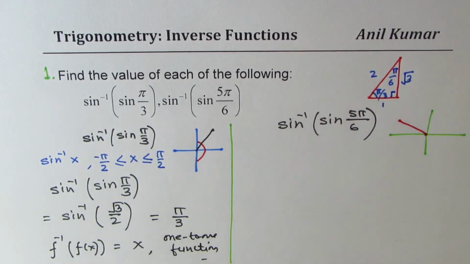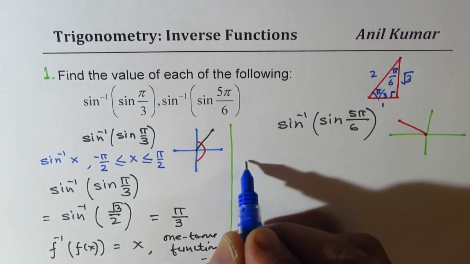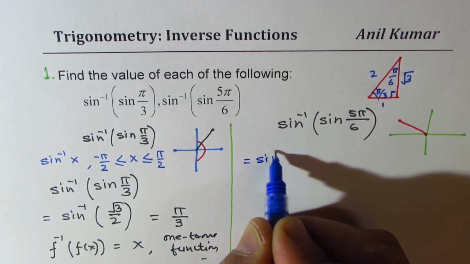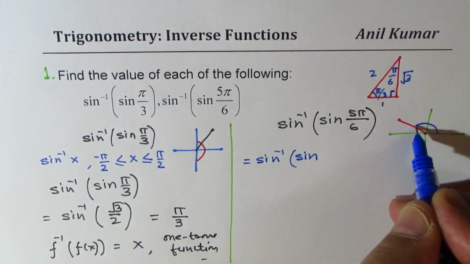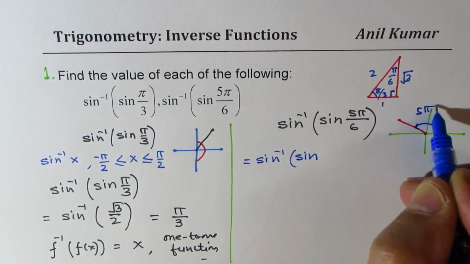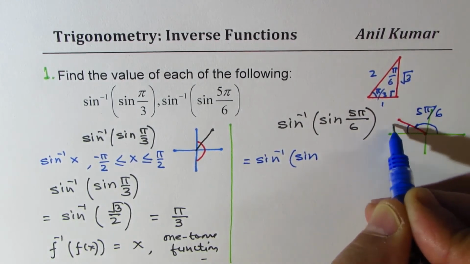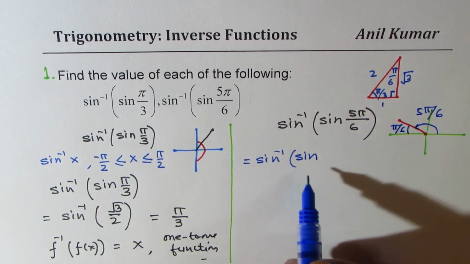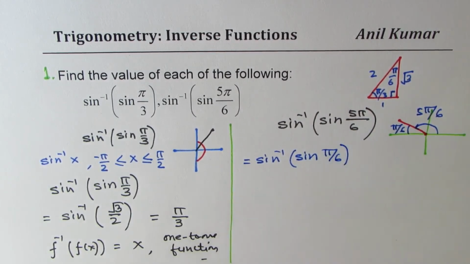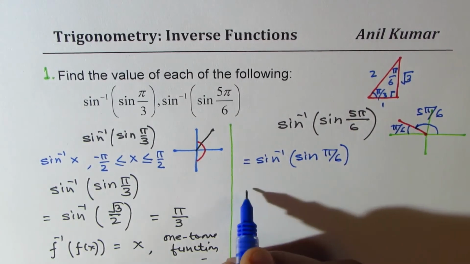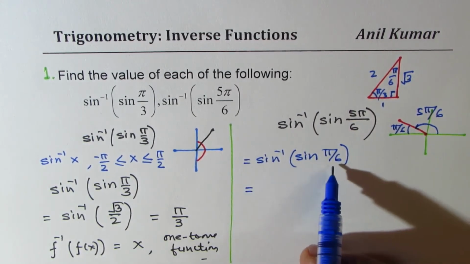Now we could say this is equal to sine inverse of sine of what remains, which is pi by 6, right? So it could be written as pi by 6. It is positive in that quadrant. Now what is sine pi by 6?